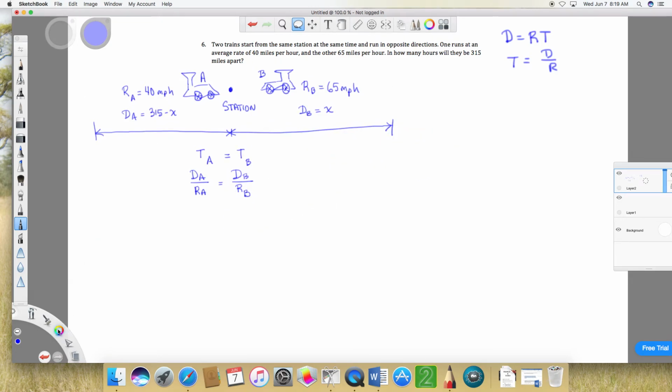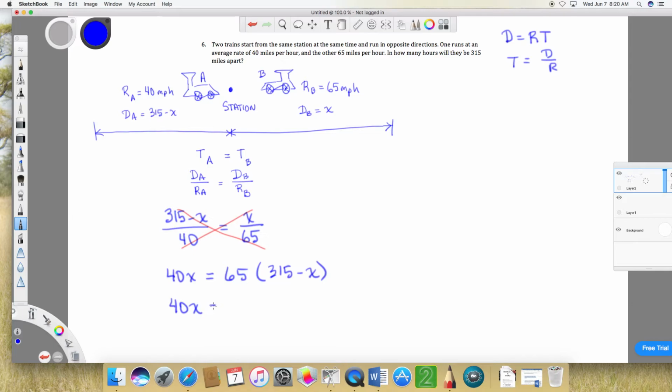All right, so the distance for train A we said was 315 minus x. The rate is 40, and over here the distance train B traveled is x, and that's 65. So if this is a proportion, if we solve this proportion by cross multiplying, we'll have 40 times x is equal to 65 times 315 minus x.